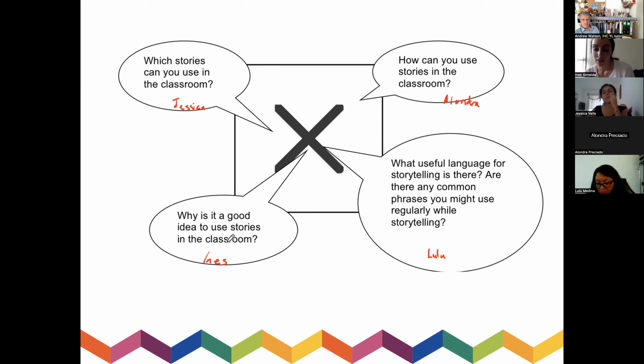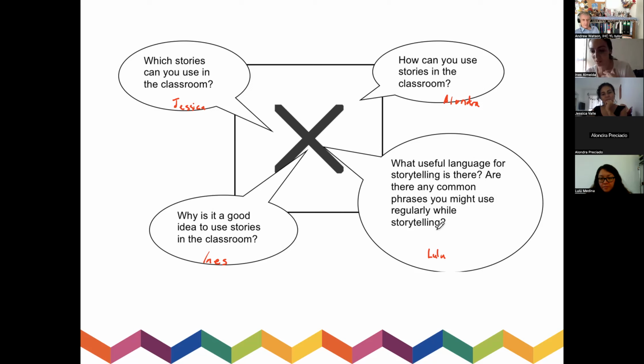You can use different skills in the classroom, both receptive skills, because if you read a story, they're listening, they're receiving information. You can also use their productive skills. They can then speak about the story. They can write about the story. It's an activity that you can do a lot with a story.